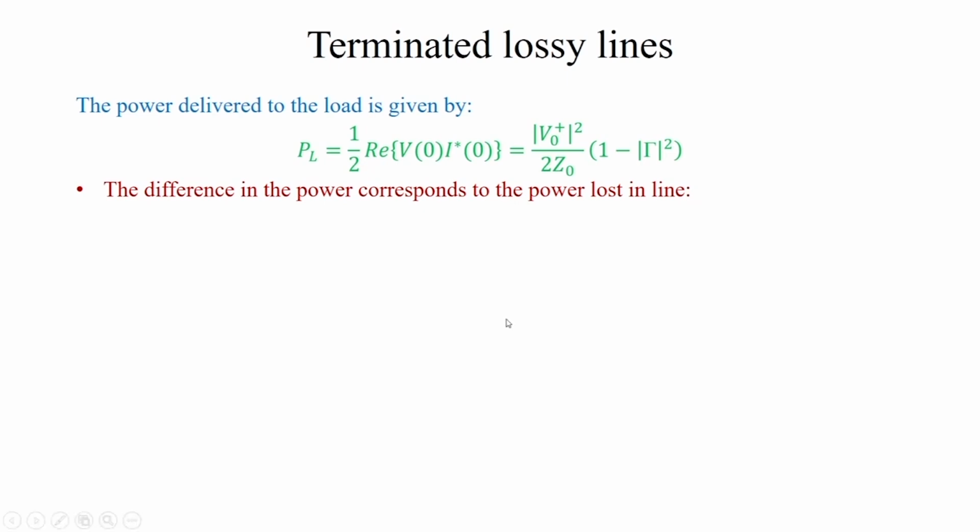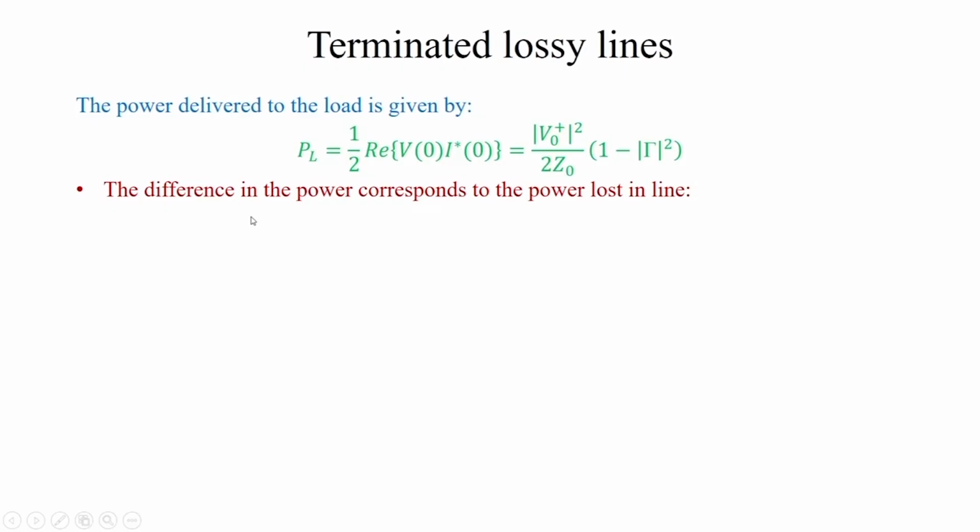Please note that in the lossless case we have power only delivered at the load, but in the case of a lossy transmission line, as the wave propagates, because of this attenuation factor alpha, some power will be dissipated throughout the line.